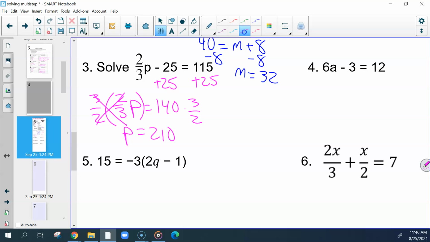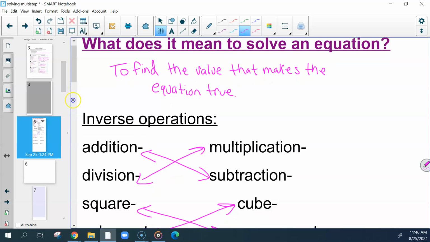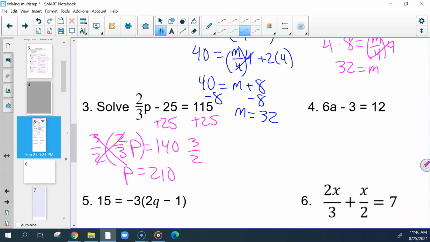Okay. I'm going to do that on a separate piece of paper. 2/3 P minus 1/5.